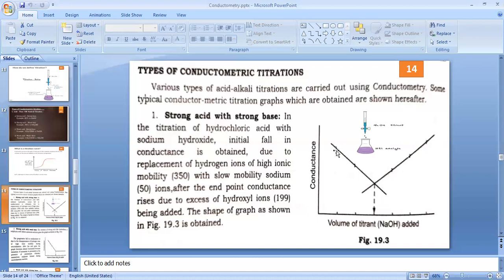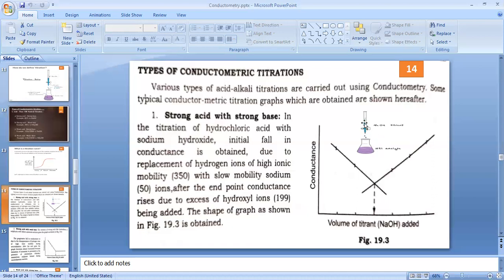So this will be the graph for strong acid versus strong base titration. Initially, there will be a fall in conductance due to the replacement of H plus with Na plus. Na has less conductivity as compared to H plus. In any sort of conductometric or titrimetric titration, there is replacement of ions when we add 1 ml of standard solution from the burette to the contents in the conical flask. Initially, in case of HCl, the contents in the conical flask will be only HCl, so conductance will be only due to the presence of H plus.